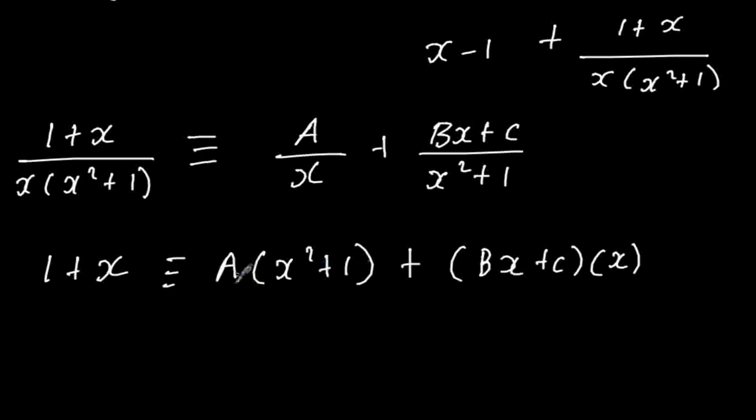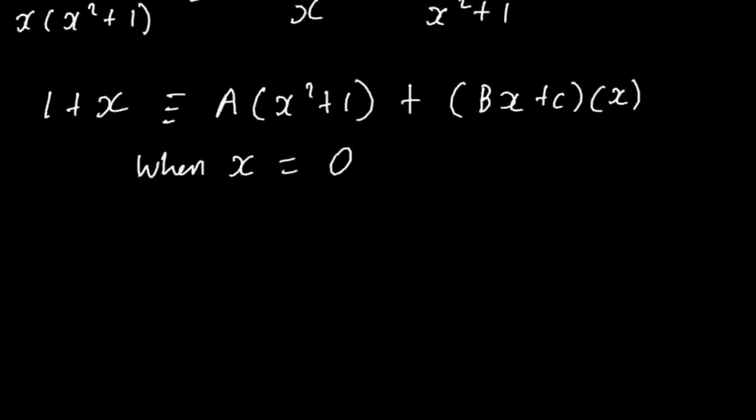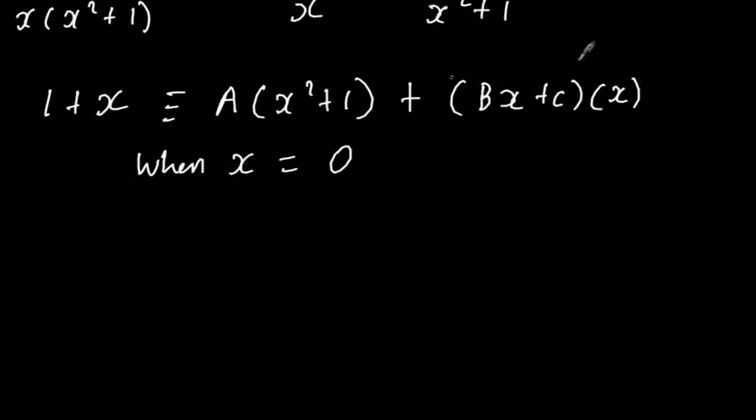Now, to find the values of these constants, the a, b, and c, we can let certain values of x. For example, when x equals 0, it will eliminate this whole part, and we are left with a into 0 squared plus 1, which is a.